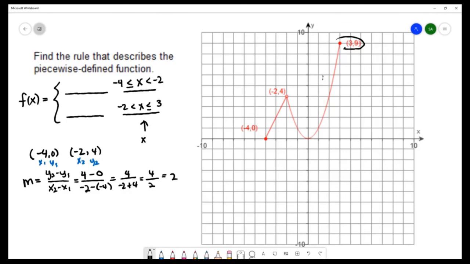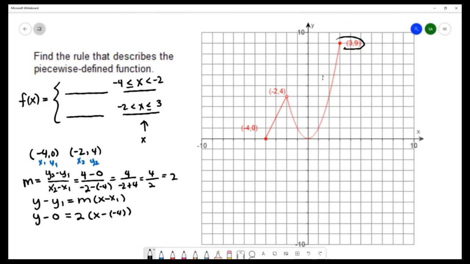So now that we have the slope of the line, we can use our point slope form, y minus y1 equals m times x minus x1. And we'll substitute the slope of 2 and our point into this formula. That's y minus 0 equals 2 times x minus -4.